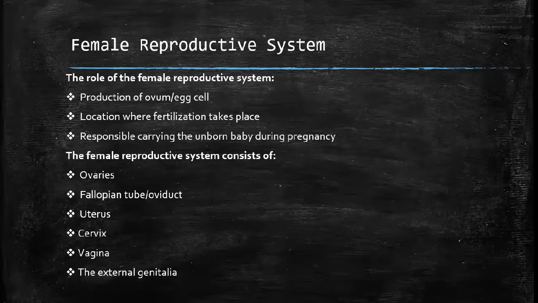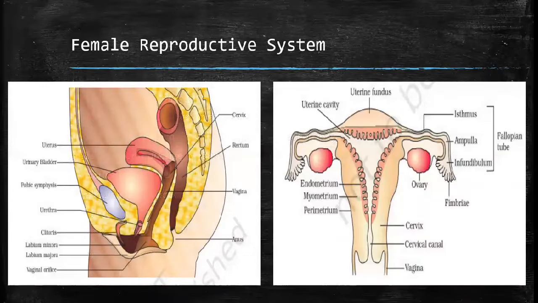And then we've got the cervix. The cervix is like the neck of the uterus, the doorway into the uterus. And then we've got the vagina, which you all know, and then the external genitalia, which we usually call the vulva.